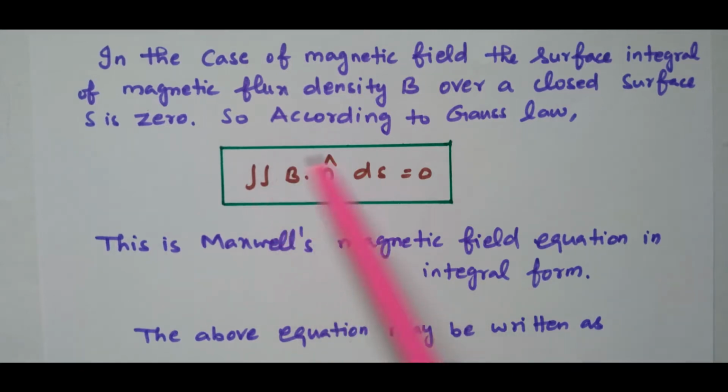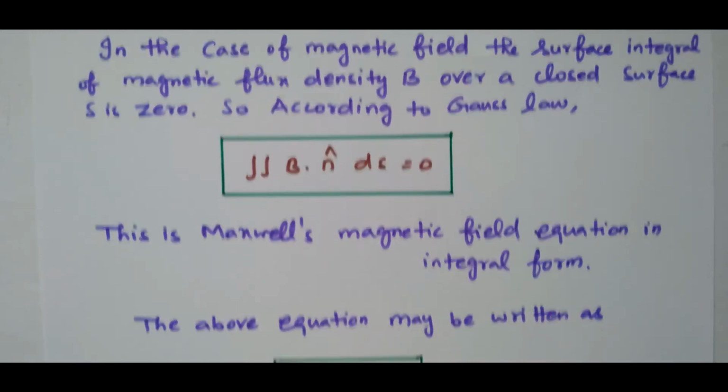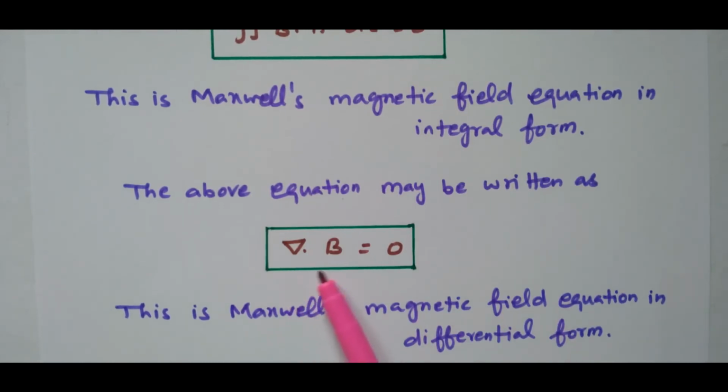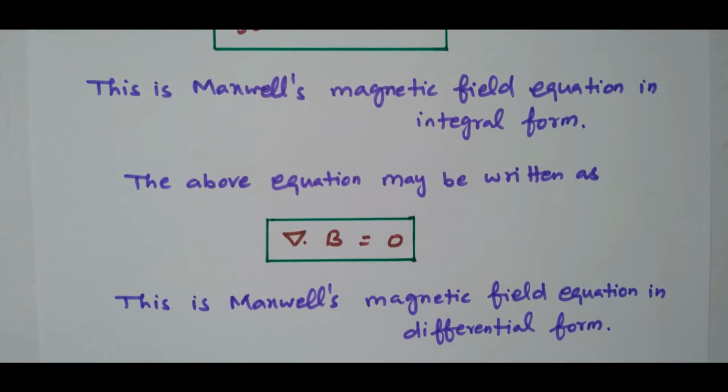So this is Maxwell's fourth equation in integral form. The same equation can be written as del dot B equal to 0. So this is Maxwell's fourth equation for magnetic field in differential form.